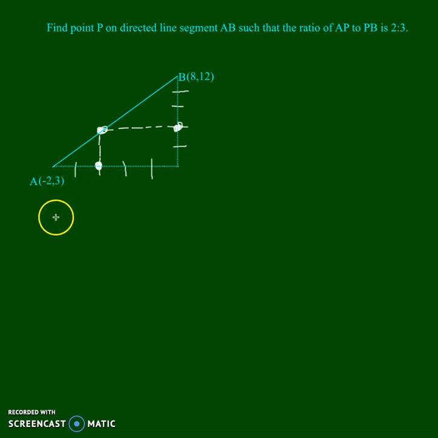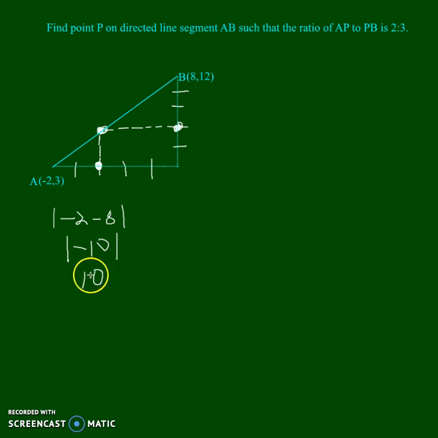So we use the ruler postulate. The ruler postulate says the absolute value of the difference of the coordinates. In this case, we're going to use the x coordinates. So it's -2 and 8. So -2 minus 8 is -10, and the absolute value of that is 10.